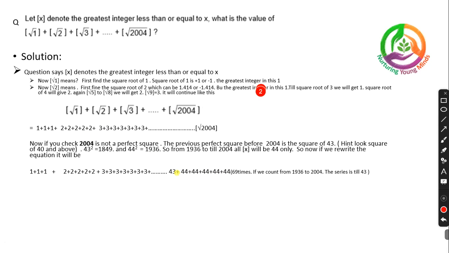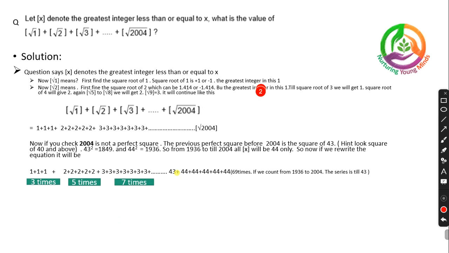Now let's look into the series in a little more detail. You look at the series. 1 here is getting repeated 3 times, 2 is getting repeated or added 5 times, 3 is 7 times, 4 will be 9 times, 5 will be 11 times, like that it will continue, correct?